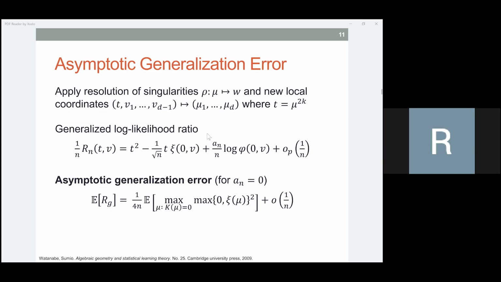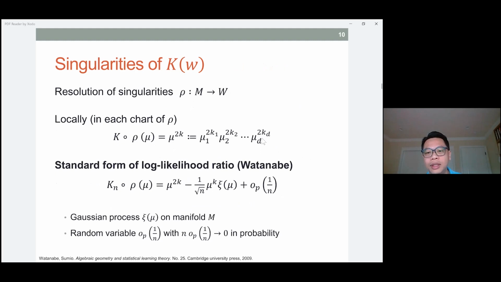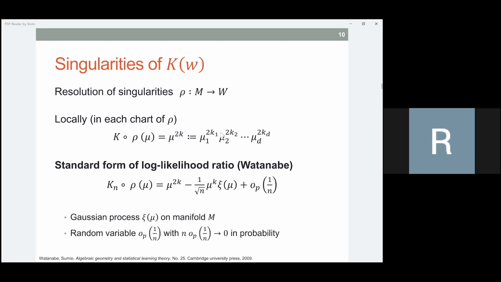Under the mu coordinate system, the true fiber is going to be the zero set of this monomial. It's going to be a simple normal crossing, with multiplicities on each of the coordinate hyperplanes.